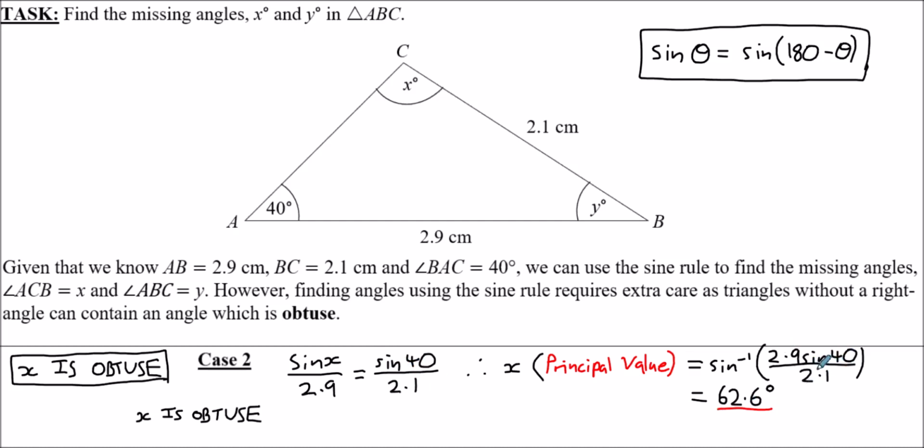What other value would have worked? We can use this relation to help us. Because x is obtuse, that's going to imply that x is actually 180 minus this principal value, which would actually give us 117.4 degrees.